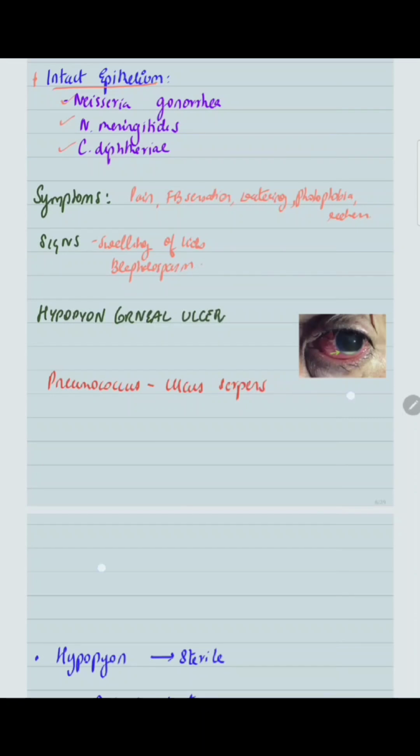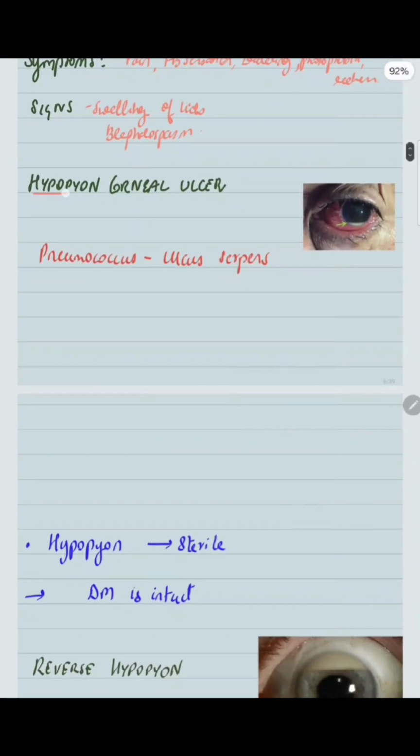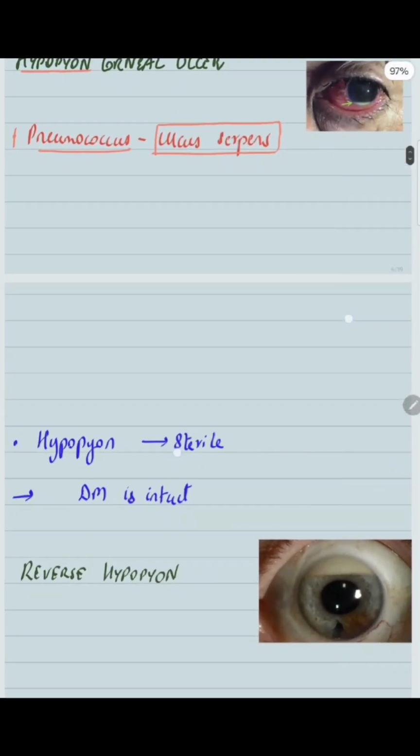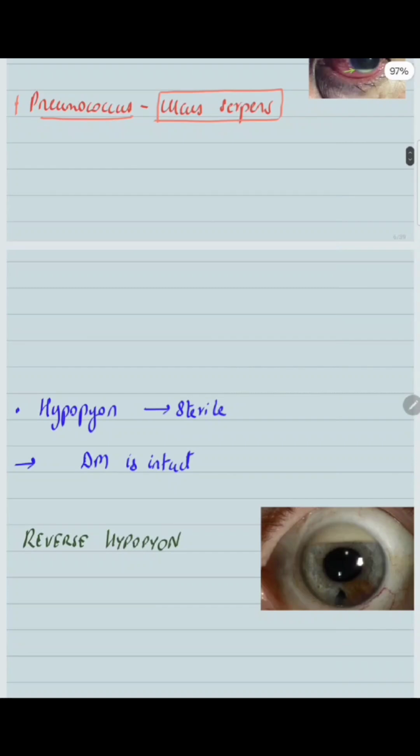Coming to hypopyon corneal ulcer. The characteristic hypopyon corneal ulcer is produced by pneumococcus, known as Ulcus serpens. Predisposing factors for development of hypopyon are high virulence of the organism or low resistance of the tissue.